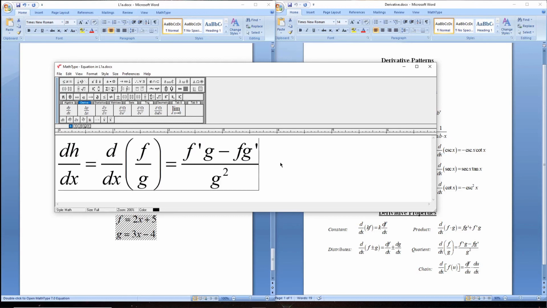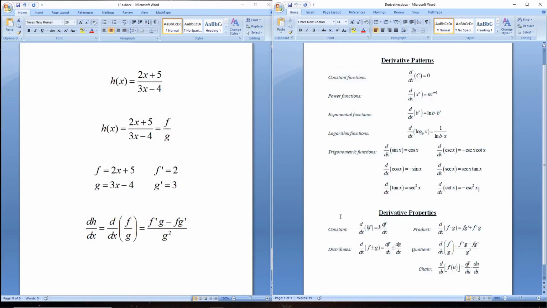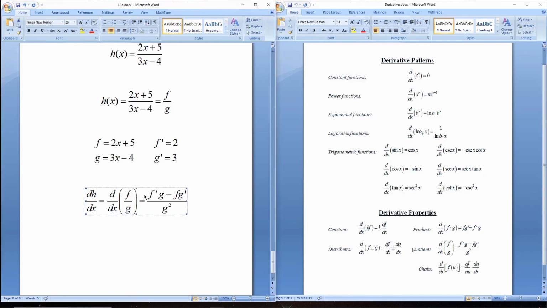Absolutely. Product and chain. Again, everything I have on this right page, you should burn into your brain. So here is our quotient rule, and here is our information. So we will just plug it in.